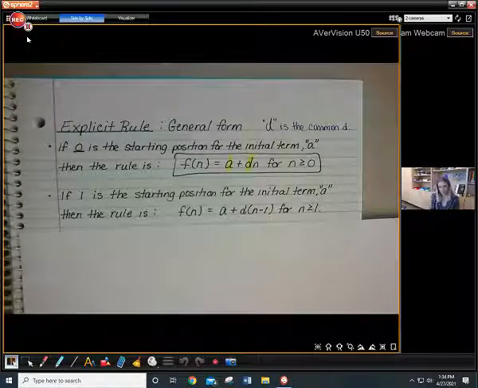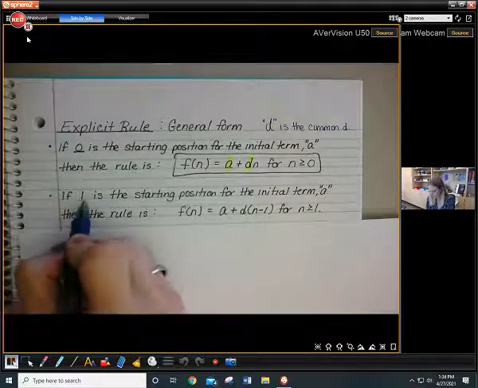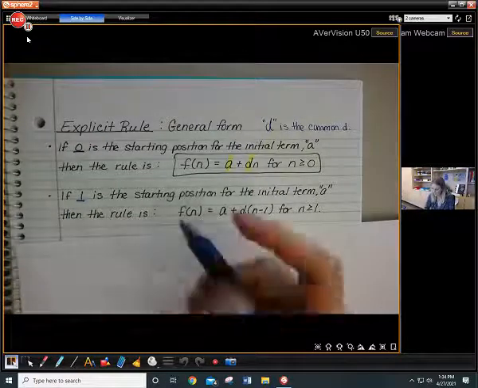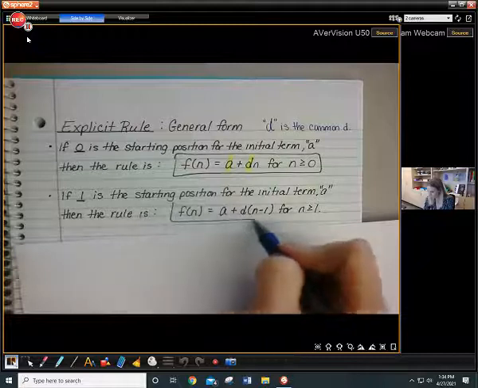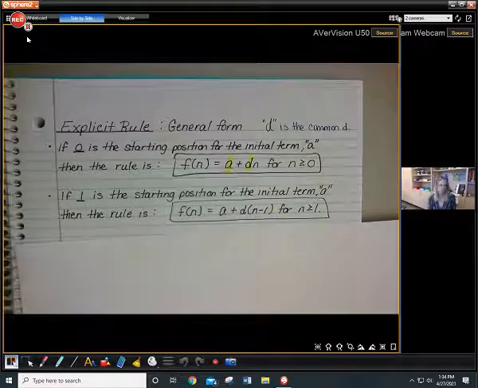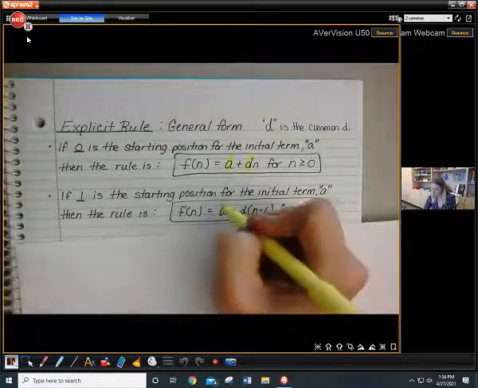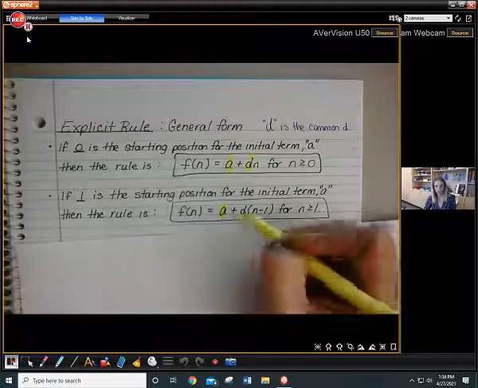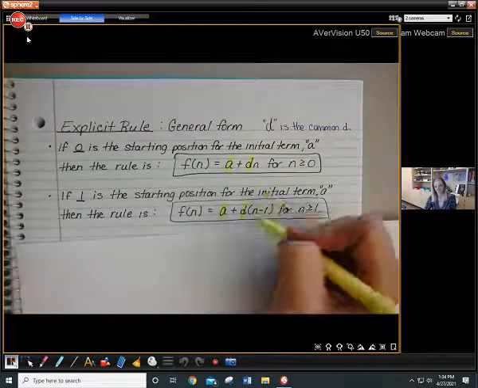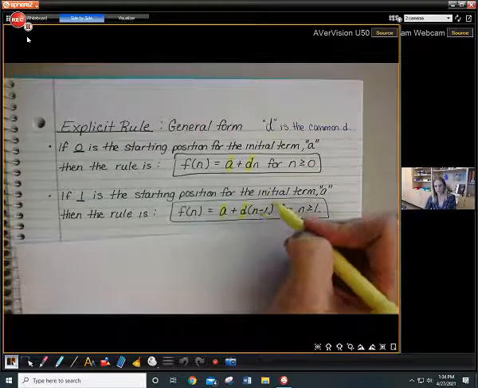Now, if they say that you're using a 1 to represent the first spot, then this is going to be your rule. You're going to say f of n equals, again, A is where you're going to plug a number in, plus whatever the common difference is, times parentheses n minus 1.